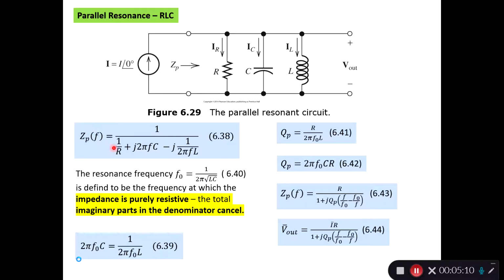From electronics in general, we know that 1 over the impedance of each we can add together. So here we have the conductivity of the resistor, the conductivity of the capacitor, and the conductivity of the inductor. As you can see, they are summed up here.